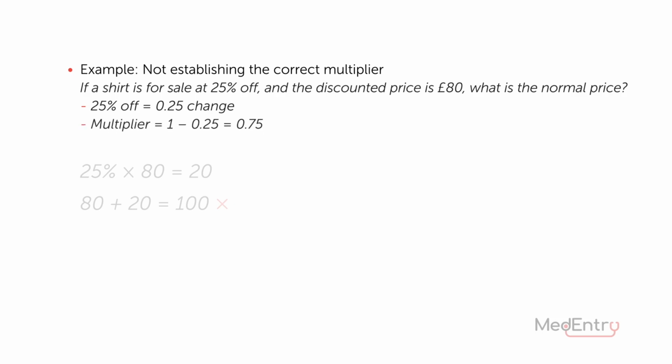So our multiplier should be 1 minus 0.25 or 0.75. We want to find the original price, which we will call y, so our equation using the percentage change triangle is original equals new over multiplier. So y equals £80 over 0.75, which is equal to £106.67.